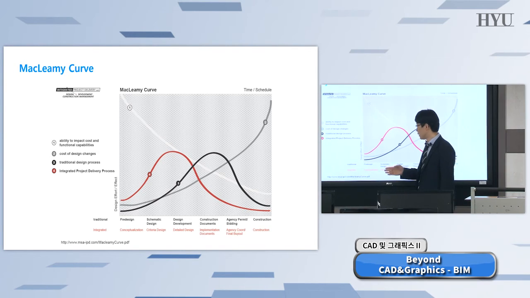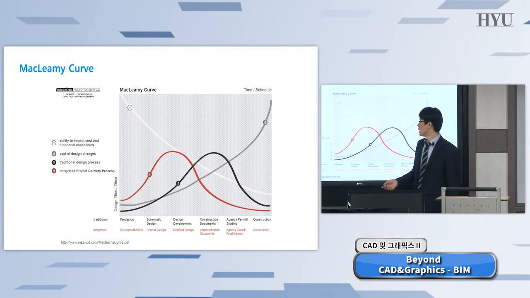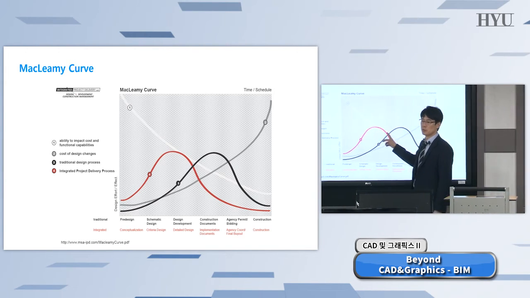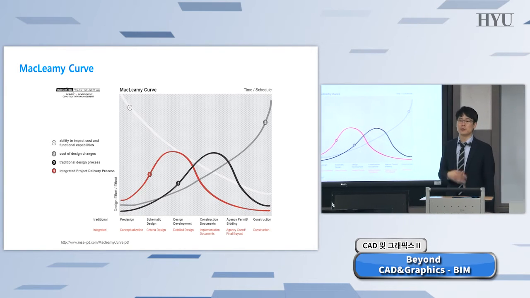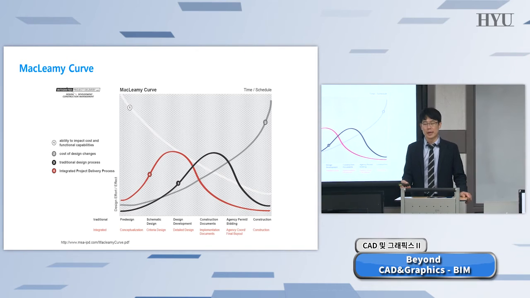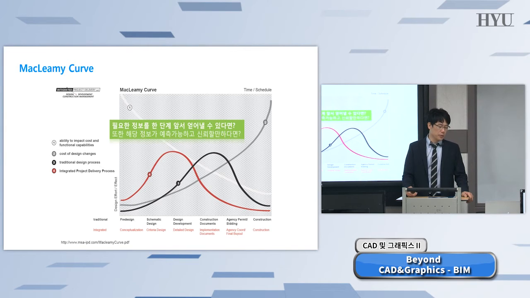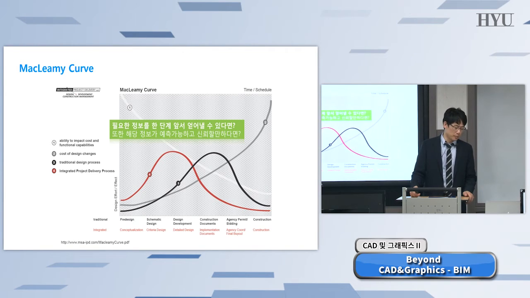Even in the early phase of design, for your concept design and schematic design level, we can collect the amount of information we need for the rest of the building life cycle. That's the goal of building information modeling as well as integrated project delivery. So if we can acquire the information we need before we use it, that's going to be really powerful.